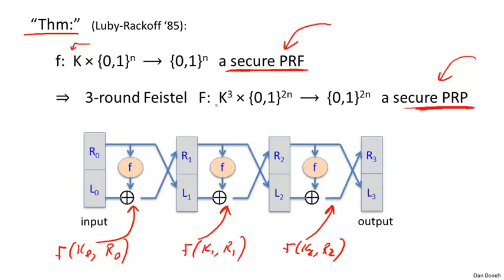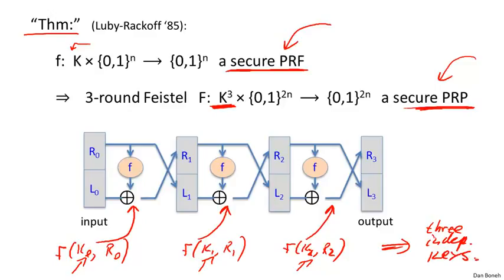And you notice this is why this Feistel construction uses keys in K cubed. In other words, it uses 3 independent keys. So it's very important that the keys are actually independent. So really we need 3 independent keys. And then we end up with a secure pseudo-random permutation. Okay, so that's the theory behind Feistel networks.